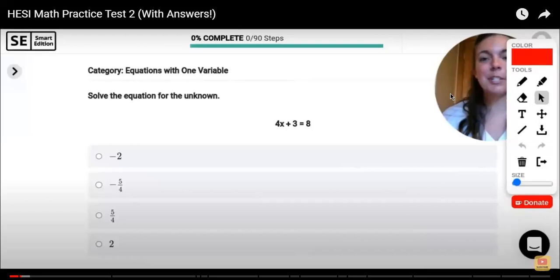So the question states, solve the equation for the unknown. I think it was an equation of 4x plus 3 equals 8. Okay. So let's go ahead and go to the whiteboard and solve it.